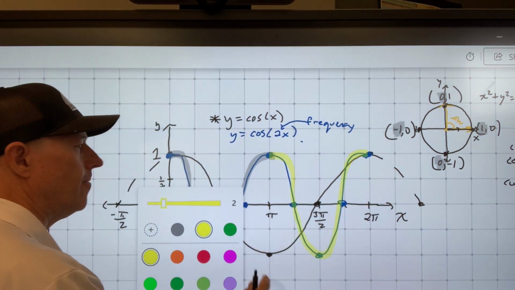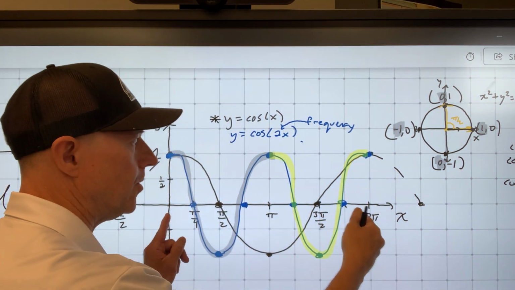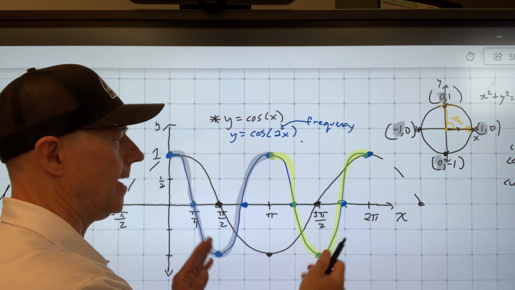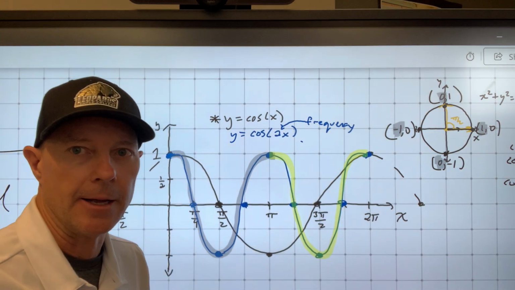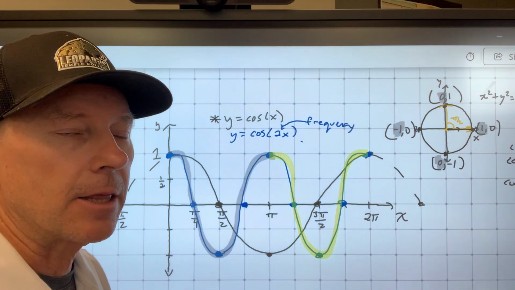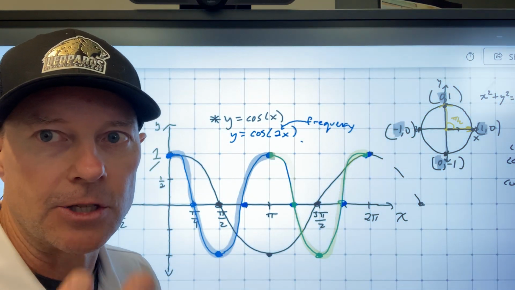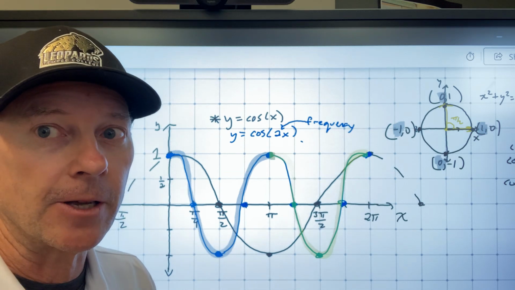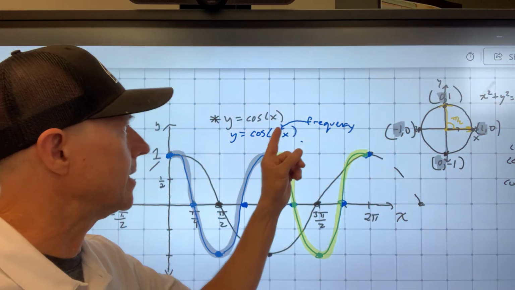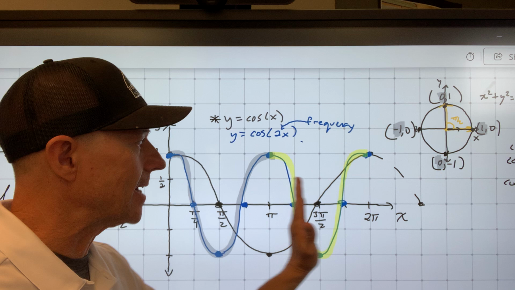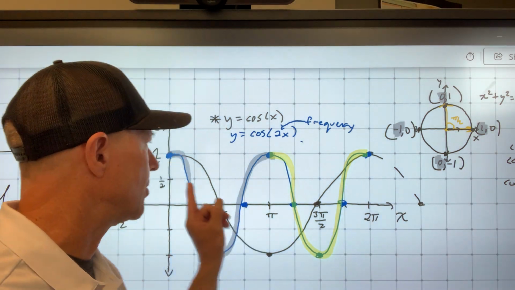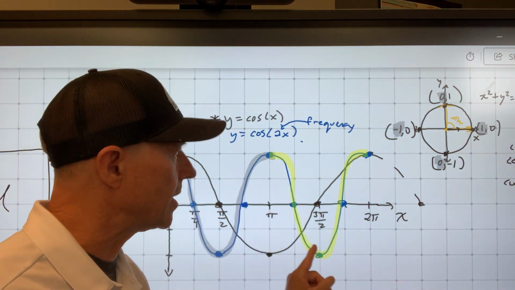So over the usual period, usually when you just graph cosine of x, the period is 2 pi. That's the length of the domain that you need to graph one cycle if you're graphing a normal cosine wave. But when the frequency is 2, over that same period, you're going to get 2 cosine waves.